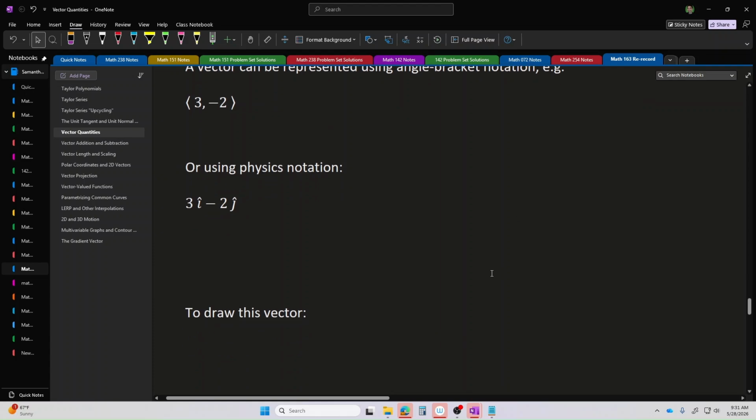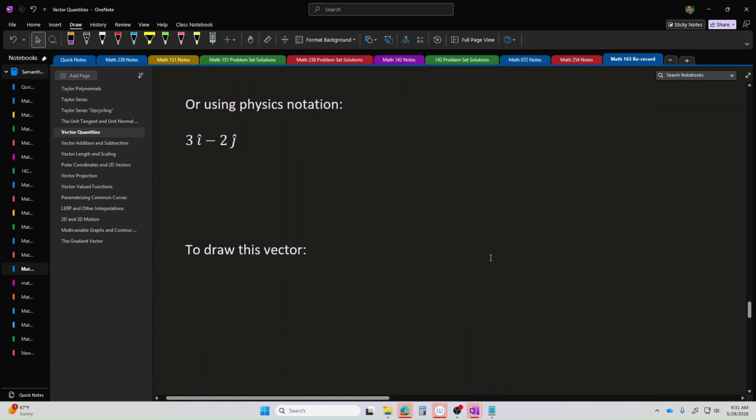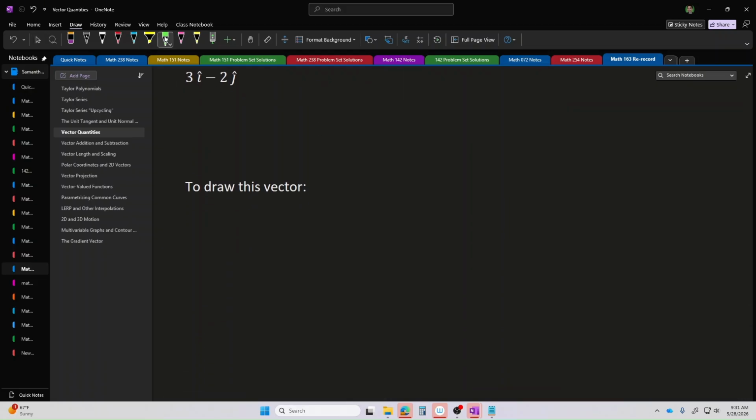So what is the vector that is represented by this symbolic notation? If I'm given a vector 3 comma minus 2, here is how I should understand it. To draw this vector, you start at the tail of the arrow, which we remember can theoretically be positioned anywhere in space.